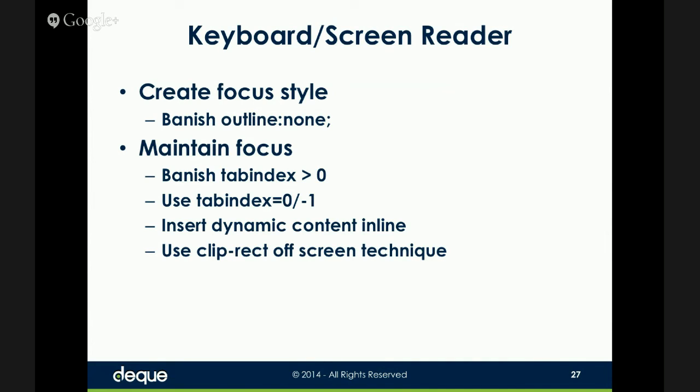The second thing is, make sure you're maintaining your focus properly, and do things like banishing any tab index that's greater than 0, because what that'll do is it'll cause the focus order when you're using tab navigation to not match the order of the content on the page. And you may think, well, that's great, I can manage my tab indexes myself, but it's a very difficult thing to maintain.